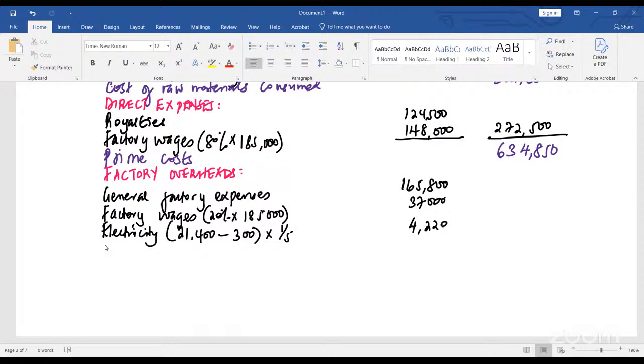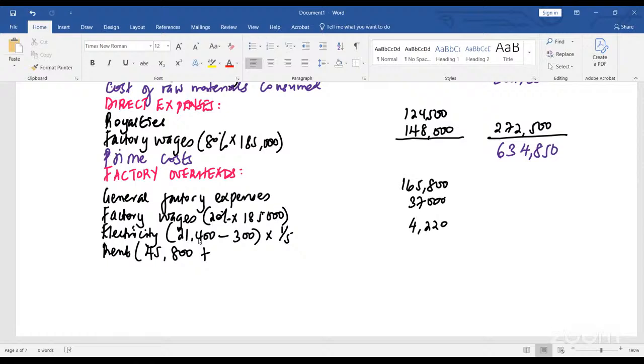So on rent, we say they are paid 45.8, but there is a portion that is not yet paid.